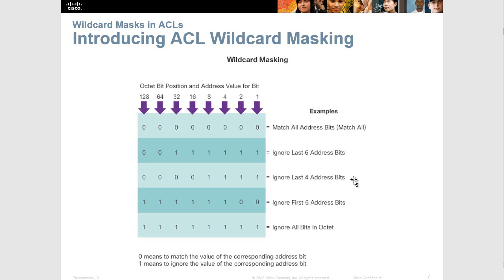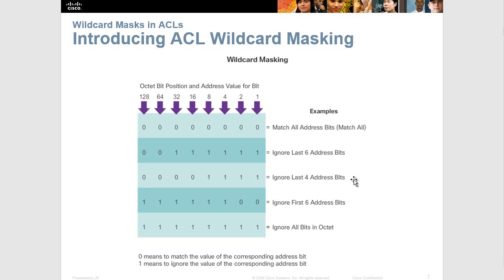To keep it as simple as possible, a wildcard mask is the opposite of a subnet mask. In a subnet mask, all of your ones are considered matching bits for a network. The opposite is true for a wildcard mask, where all your zeros would be considered matching bits.